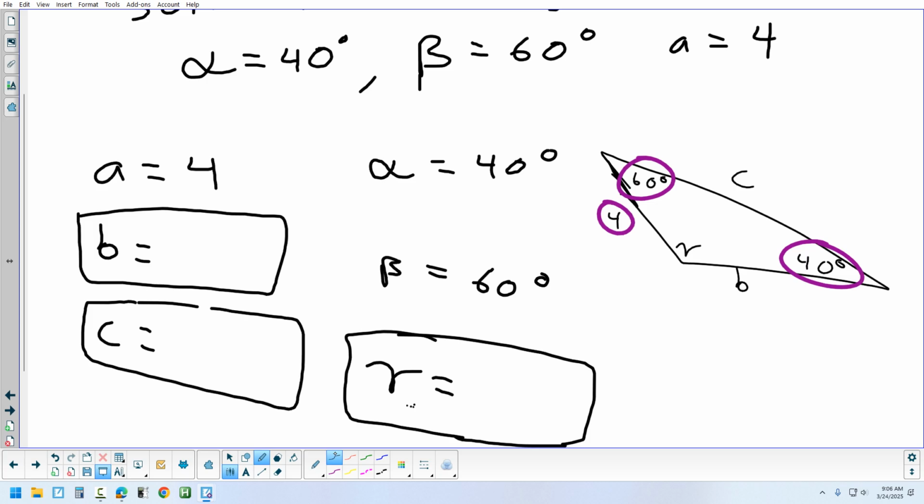What kind of triangle is that? Describing it using 3 letters, like A's and S's. Not SAS. If it was SAS, we'd have to use law of cosines to do it. ASA.